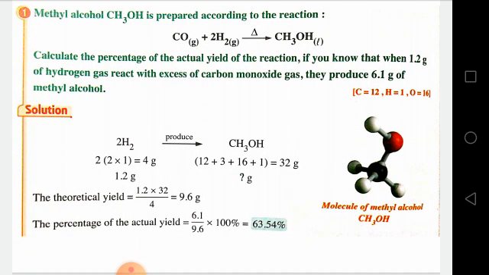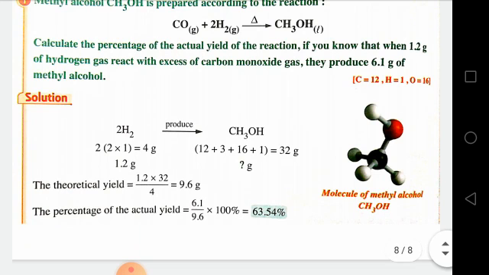So 4 gram of hydrogen will produce 32 gram of methyl alcohol, but in our example we have only 1.2 gram of hydrogen. So how many grams of methyl alcohol will be produced? We will multiply 1.2 by 32 and divide the product by 4, so the theoretical yield will be 9.6 gram.